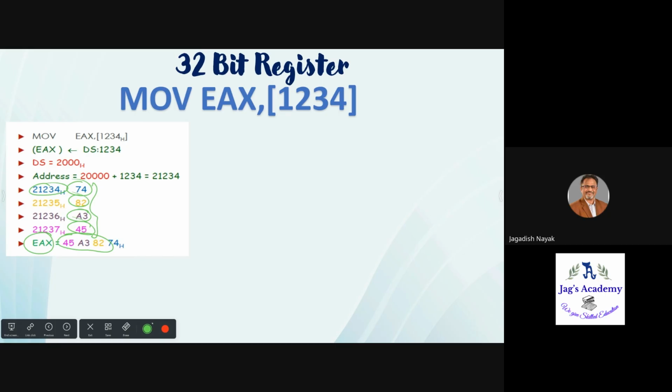In the offset address 1234H, you have 74, 82, A3 and 4, 5. This 32-bit value will be read. The first location will have the lowest byte, then the next higher byte, and next higher byte. This you have to remember always, because it is reading a 32-bit value from a memory location and putting it into the register.